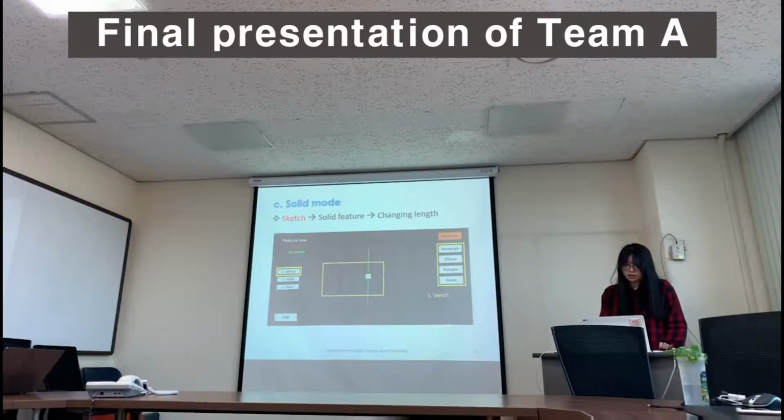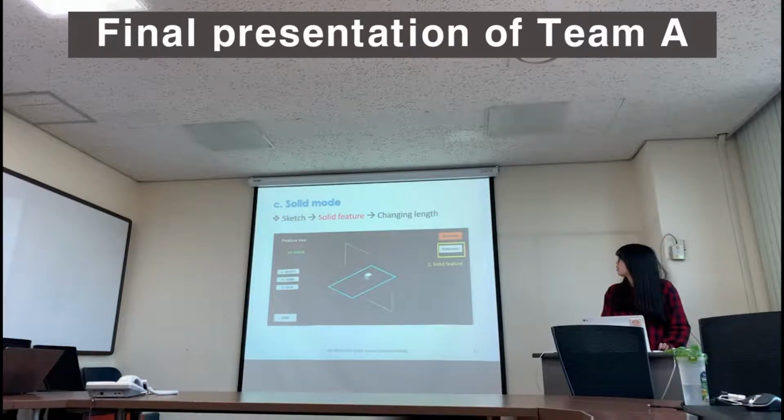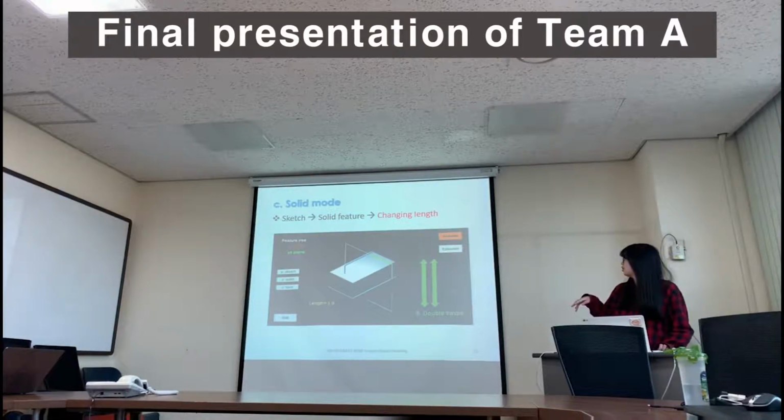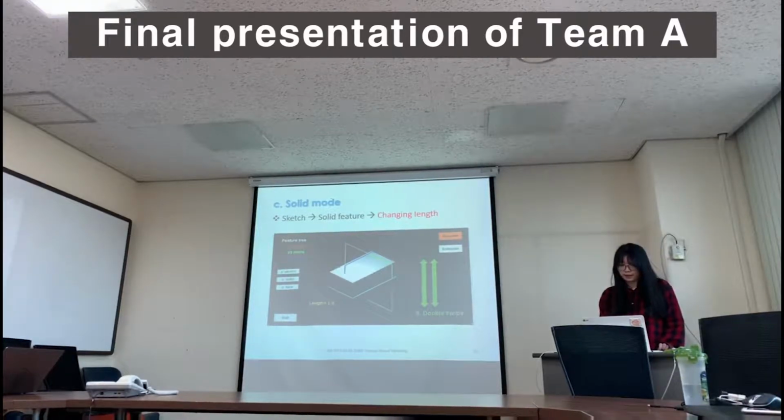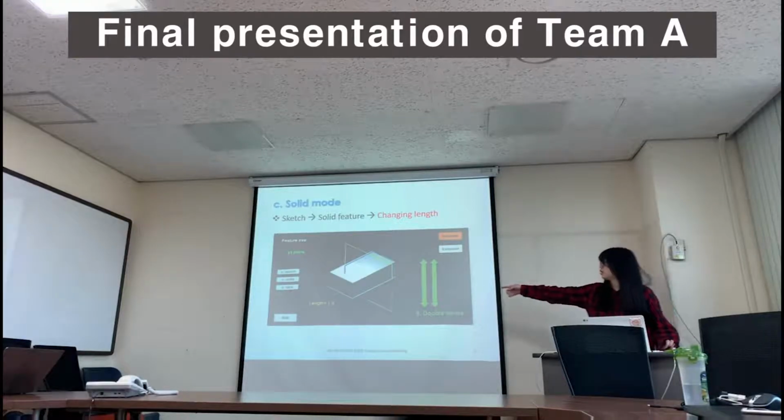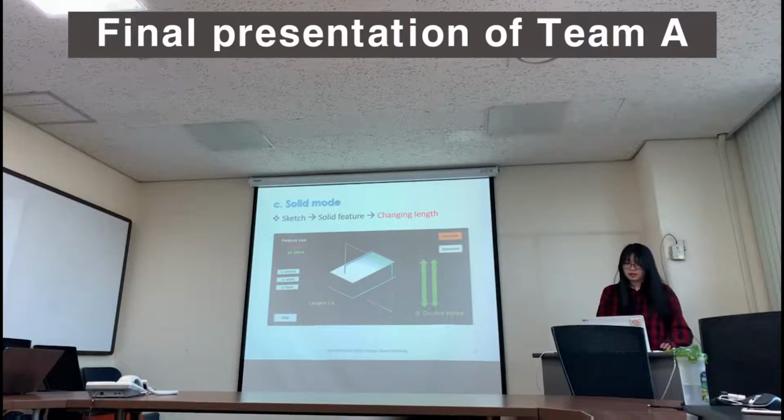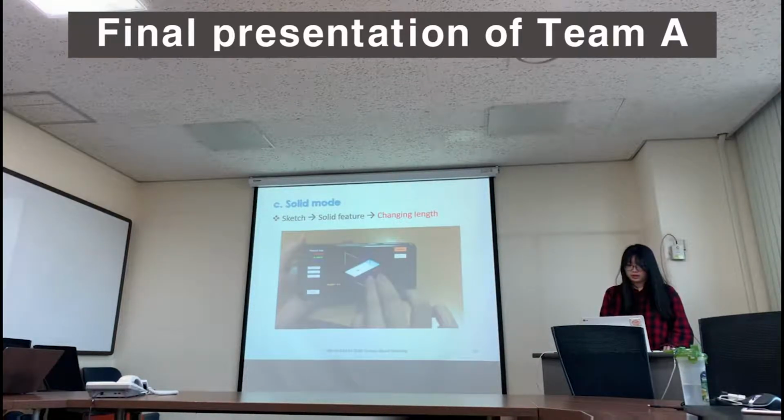And this is the solid mode. After sketching, we can make extrusion in the mode, and then using the double sweep, we can change the length. The length is the yellow text, so it is working like that.